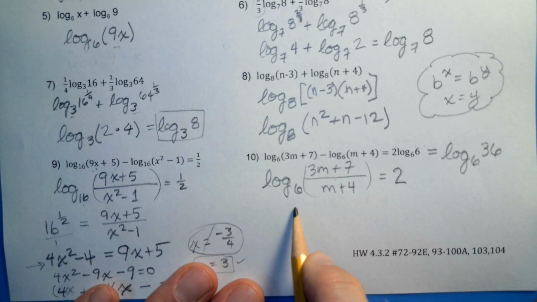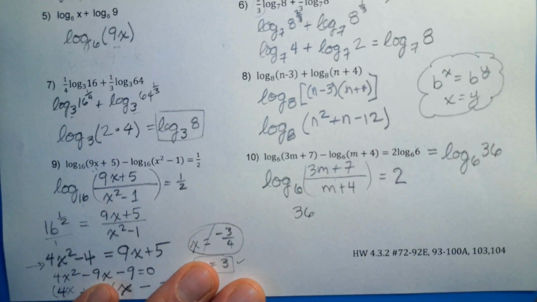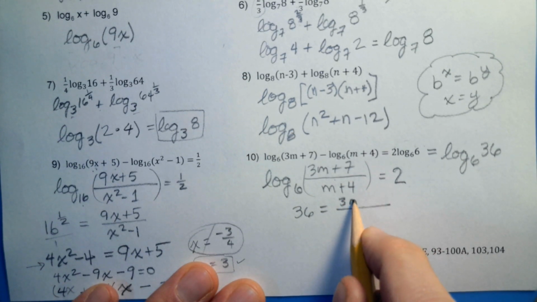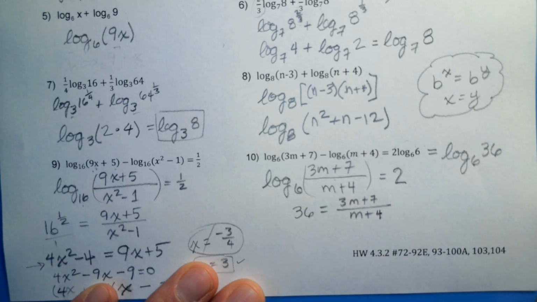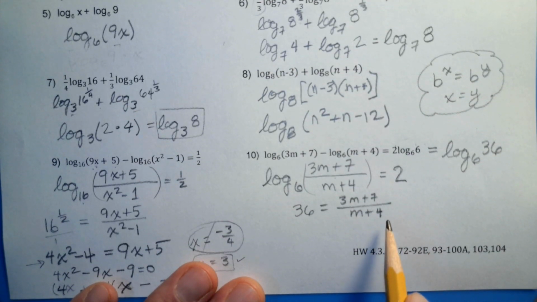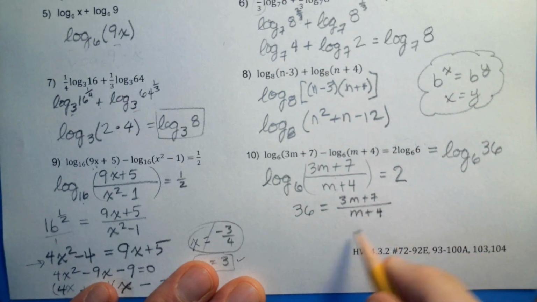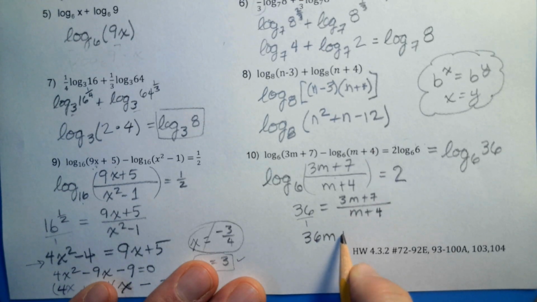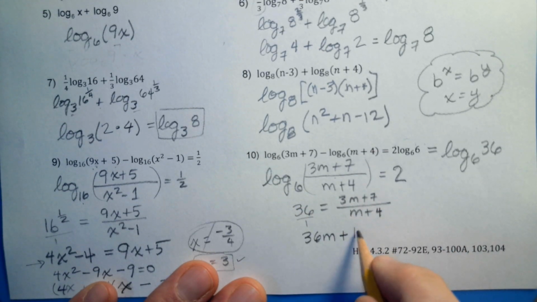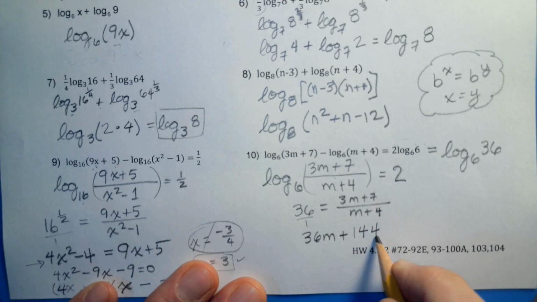So one way or another, we have 36 equals 3m plus 7 over m plus 4. All right. And now we just need to solve that. I guess the easiest thing would be to cross multiply, essentially think of it as a proportion. So we have 36m plus 36 times 4, that's 144.